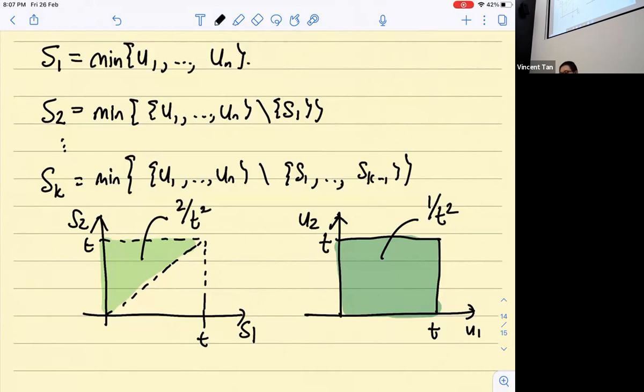Why is the height this? Because the whole volume must integrate to 1, right? And what is the area of this light green triangle? The area is equal to t squared over 2. So we need the height to be 2 over t squared for us to integrate to 1. Here on the right-hand side it is easy: the area is t squared, so you need to normalize by that.